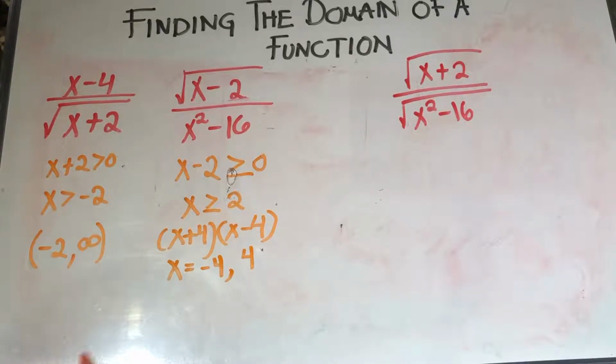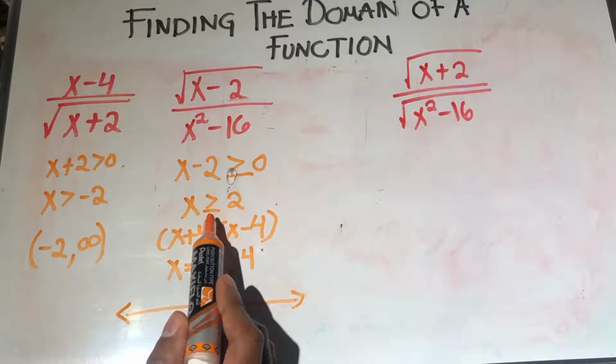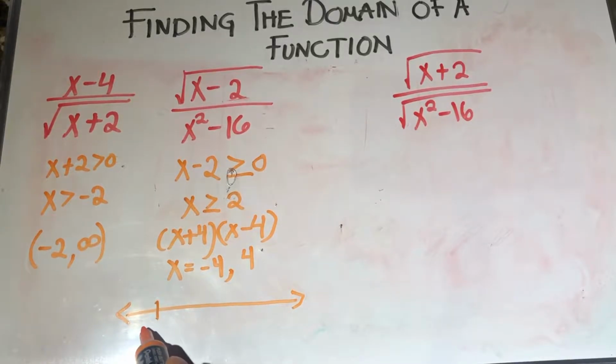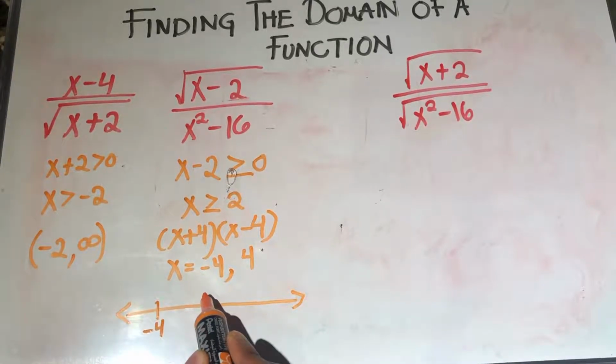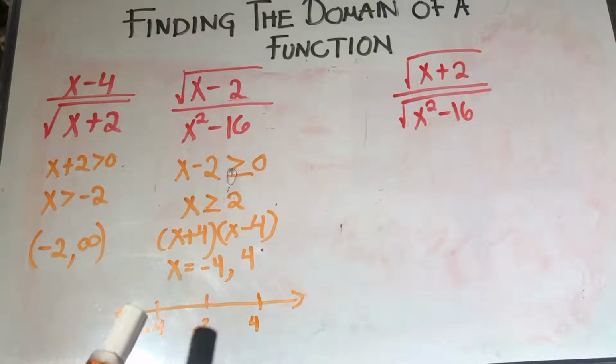Now making a number line, we have 2, and we have negative 4 and 4. So we can start by writing negative 4 here, 2, and 4. So basically, we have x is greater than or equal to 2.